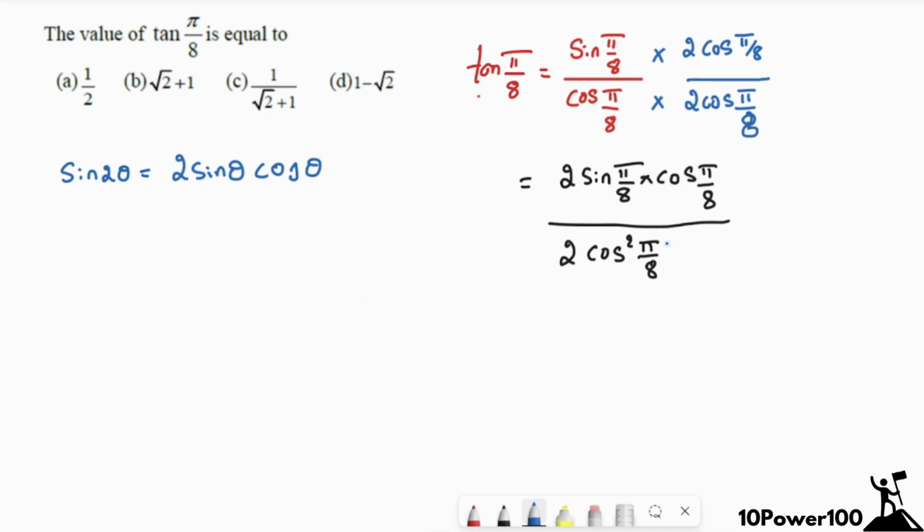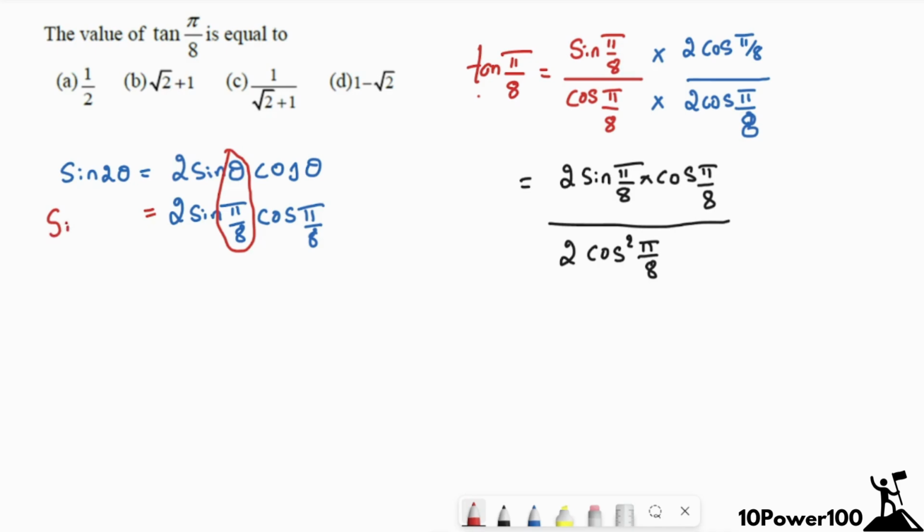Now if I compare the numerator, 2 sine pi by 8 into cos pi by 8, what is the value that we have in place of theta? That is pi by 8. Now let's write that on the left hand side.